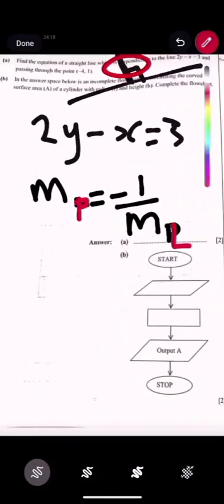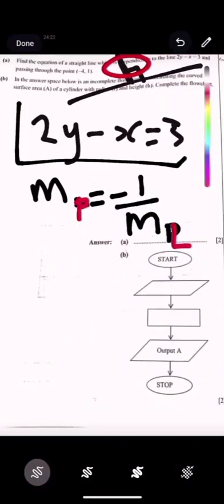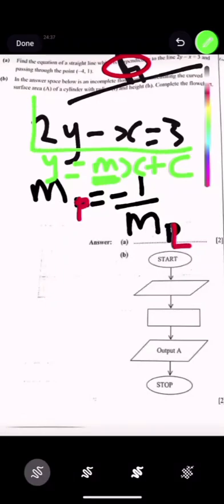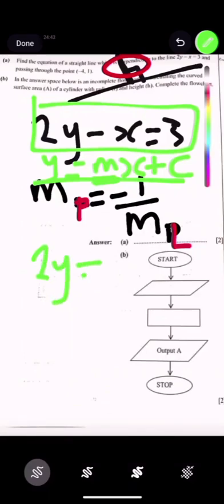Okay, so with that, we need to find the gradient of this. So we have to compare this with the standard equation of a straight line, which is y = mx + c. So m is the gradient. We have to make y the subject so that it looks like this. We make y the subject by taking x to the right.